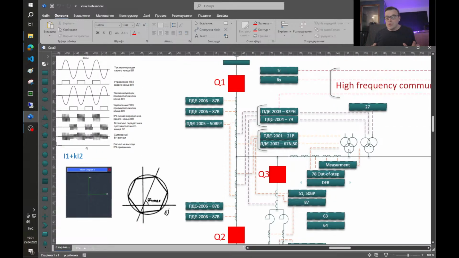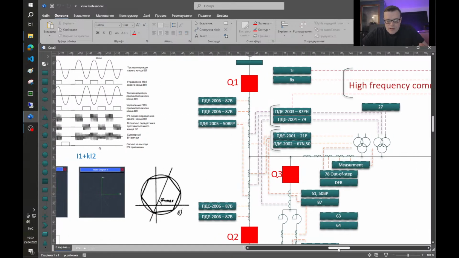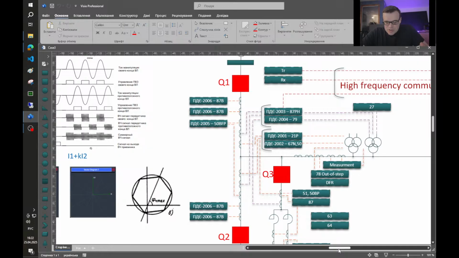And now I want to talk about AR, because it's very complex. So usually single phase AR is started by this 2003 directional differential protection, the first step of the distance protection, the first step of the neutral overcurrent protection, and also instantaneous overcurrent protection.